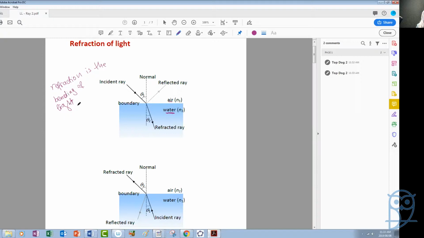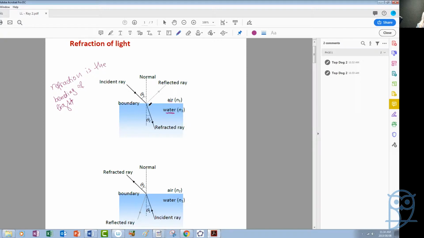Now, the question is, okay, it bends, fine, but does it bend toward the normal or away from the normal? It's always the normal when we talk about a light ray striking a boundary or a surface. So once again, we have to draw the normal where the beam of light meets the boundary.